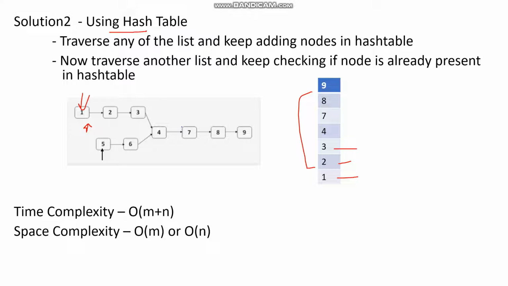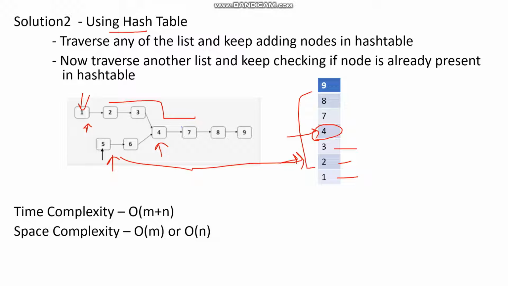These are the linked list 1 nodes, and after preparing the hash table we will start iterating the linked list 2, and we will keep checking if these nodes are already contained in the hash table or not. When we come to the node number 4 and check it in the hash table, it will already be present, so it will return true. So we have found our merging point.